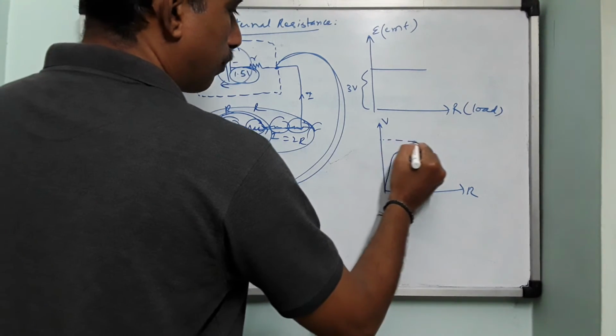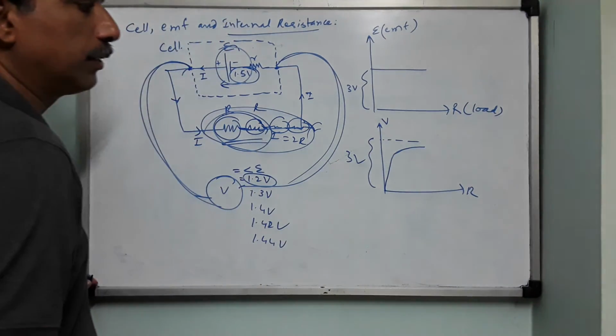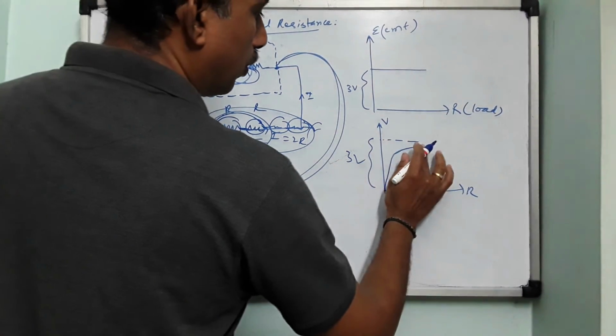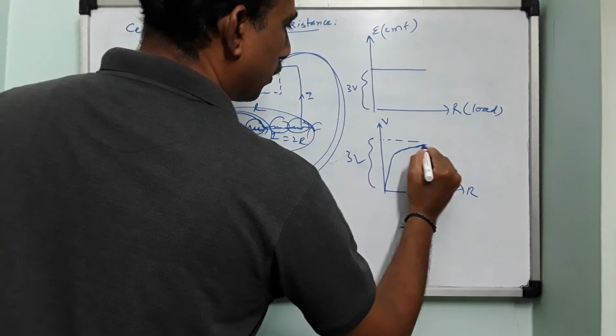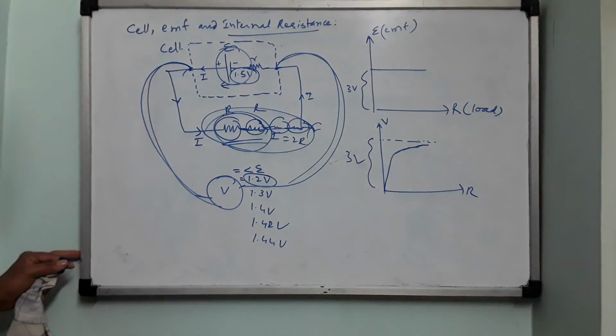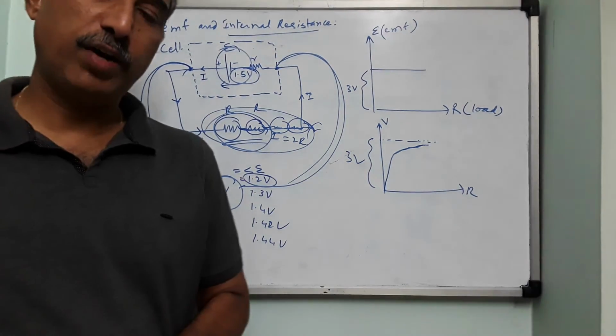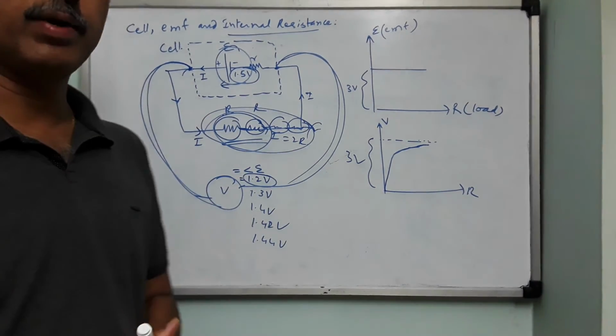Because this is your 3 volt, the terminal potential voltage cannot exceed this 3 volt. Almost it will be running like this, but it will never touch. So if you identify this difference between EMF and terminal potential difference, then the remaining things will be very easy.